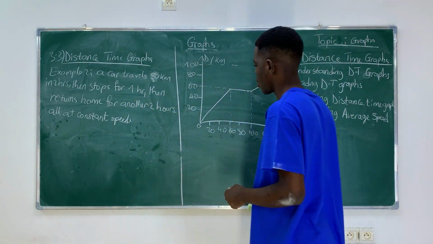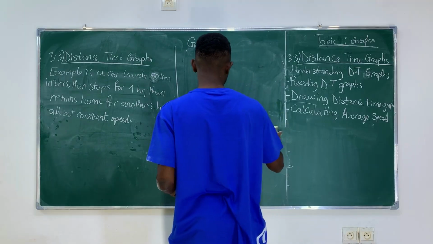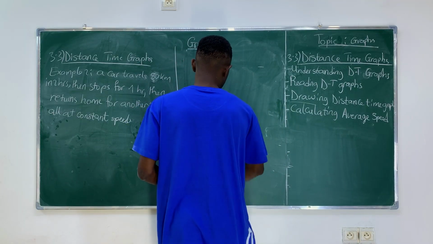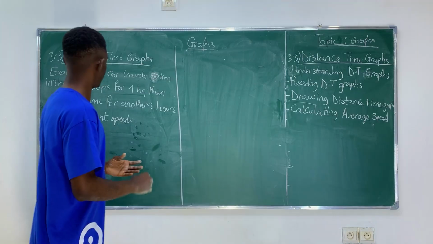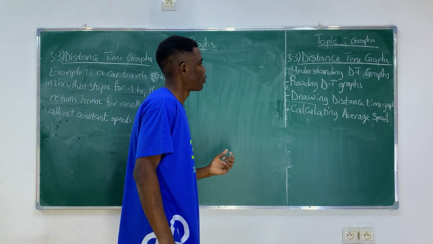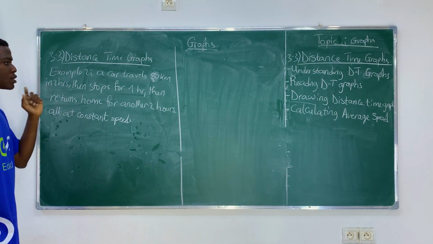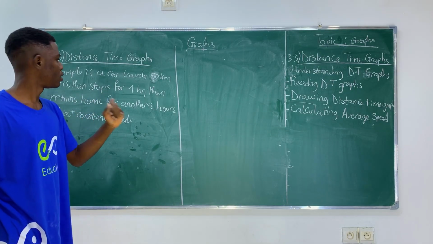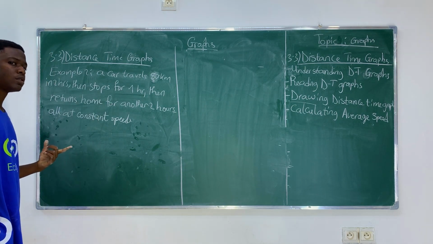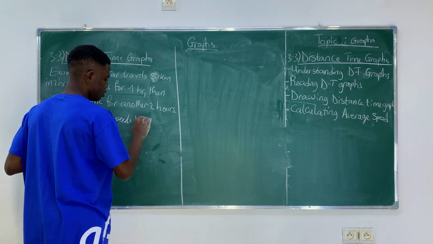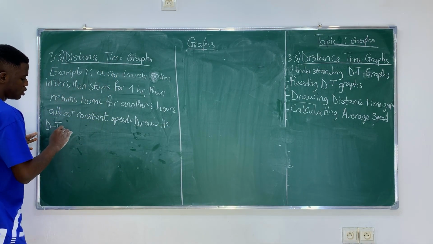Example 2 says a car travels 50 kilometers in 2 hours, then stops for 1 hour, then returns home for another 2 hours, all at constant speed. Draw its distance time graph.